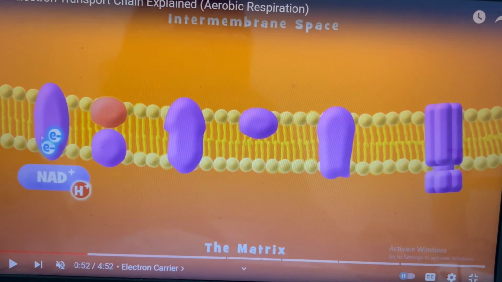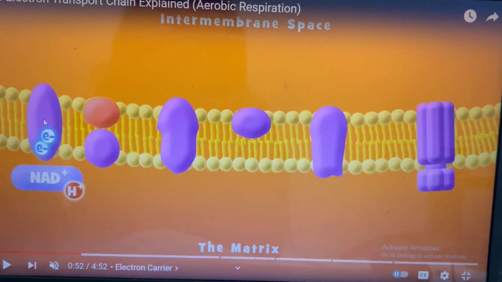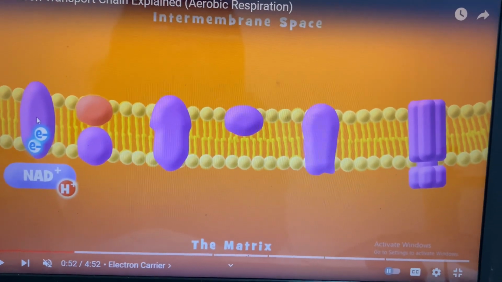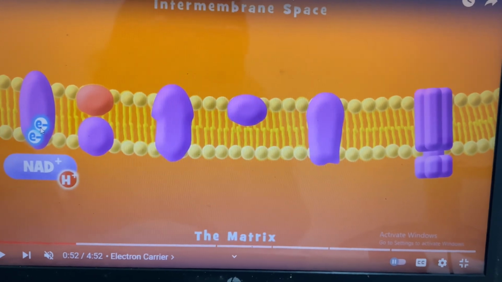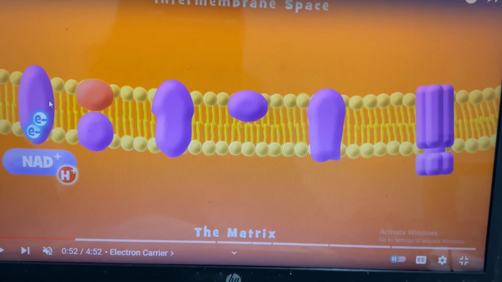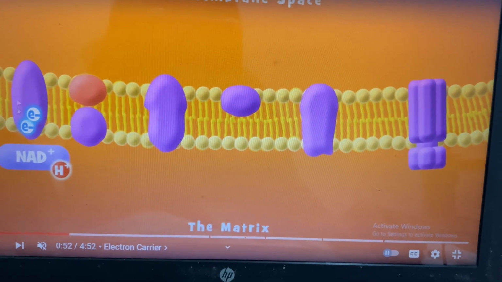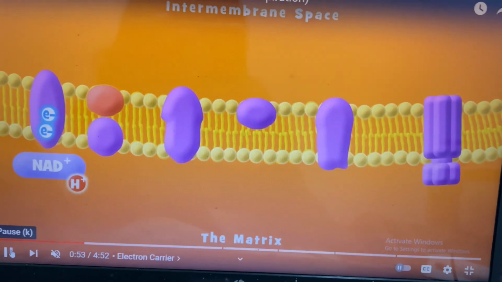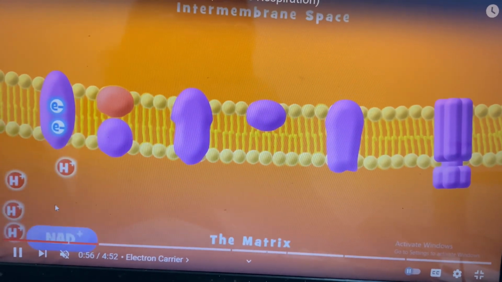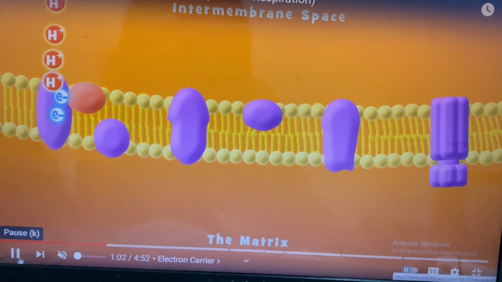And as protein complex 1 gets the electrons, it gets supercharged, all right? It gets energized. Remember, electrons contain so much energy in them. So as complex 1 gets the electrons, it gets energized. And now it is ready to use this energy to pump protons from the matrix into the intermembrane space.